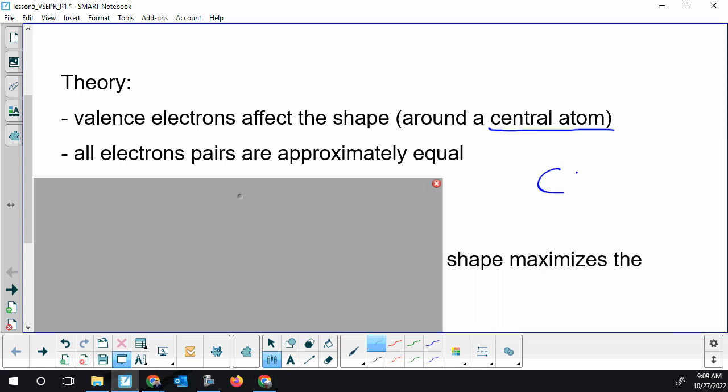So if we have a carbon with a double bond to another carbon, we're going to treat all our groupings of electrons as being the same. So we've got a group there, a group there. Now we have two groups here, but we're going to lump those together as our third grouping to predict the shape.